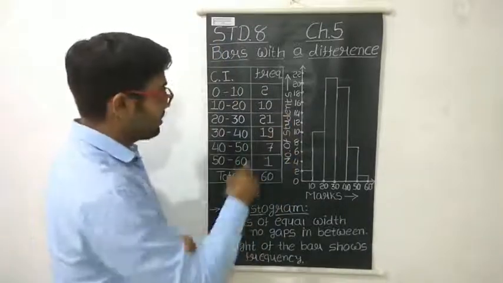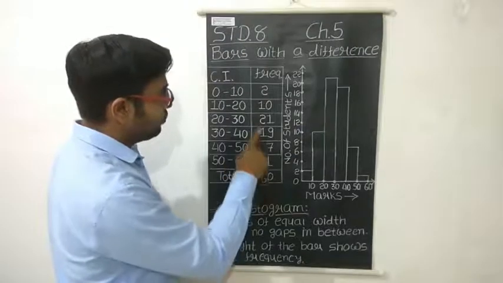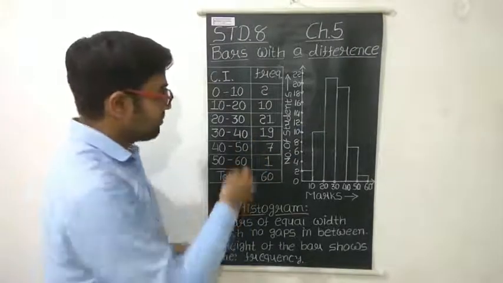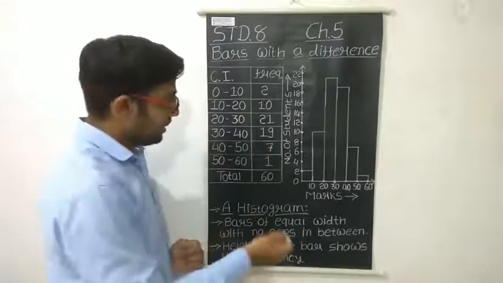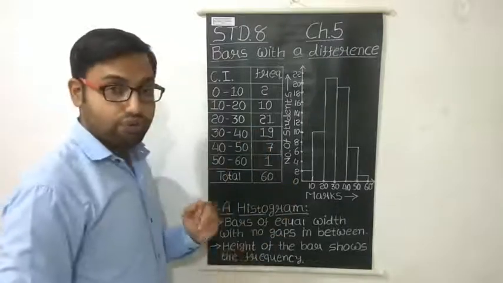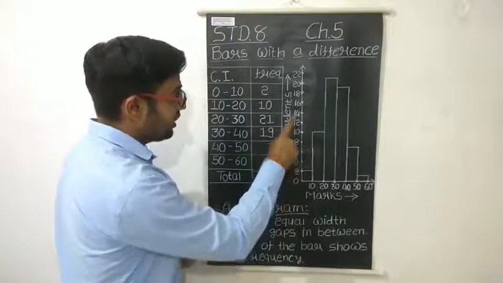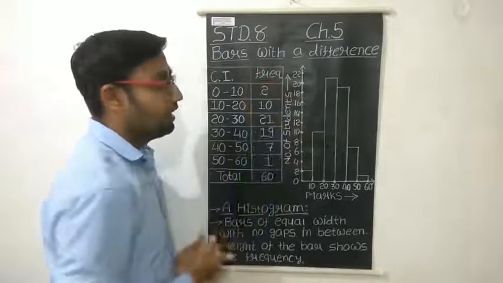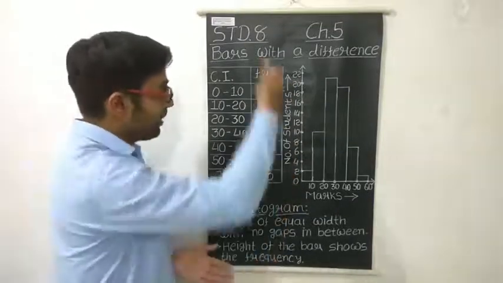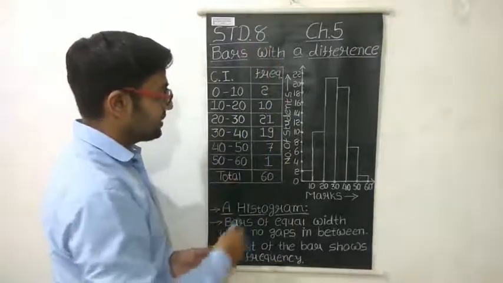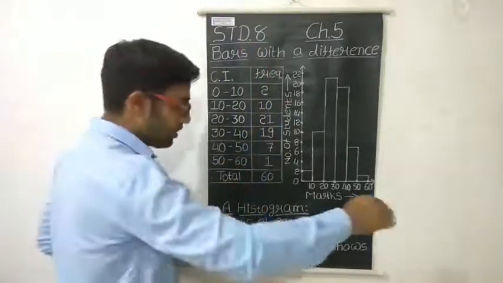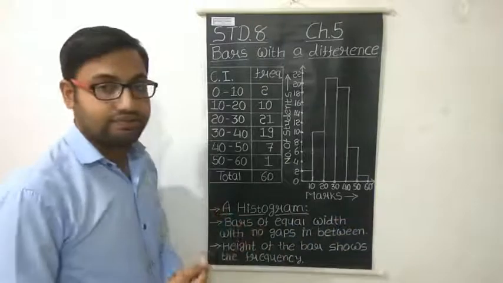The number of students varies from 1 to 21. So the maximum number is 21. Here we use a scale of 2, right? 0, 2, 4, 6, 8, 10, 12, 14, 16, 18, 20 and 22. So on the vertical axis we represent the number of students, and on the horizontal axis we represent the marks.